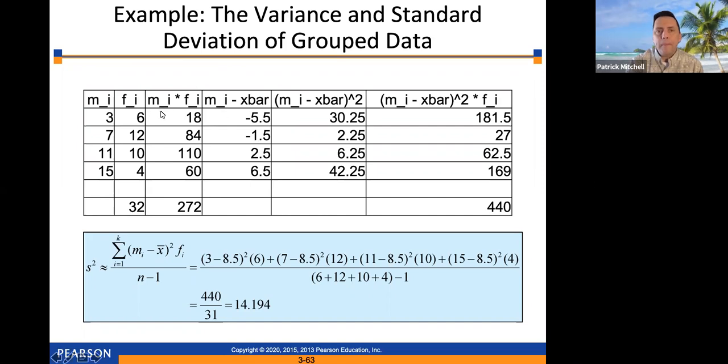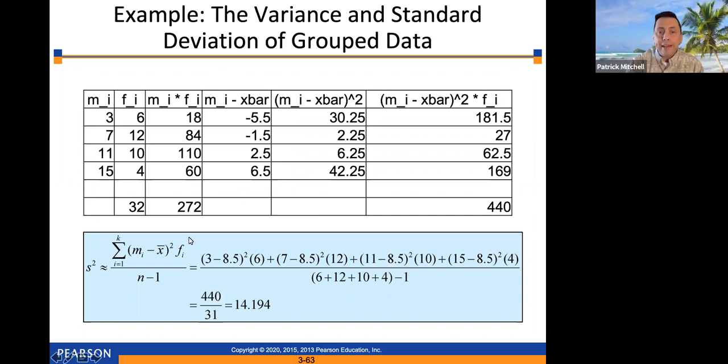So 6 times 30.25 is 181.5. 12 times 2.25 is 27. 10 times 6.25 is 62.5. And finally, 4 times 42.25 is 169. And when you add these numbers together, you get the 440 that you saw on the previous slide.